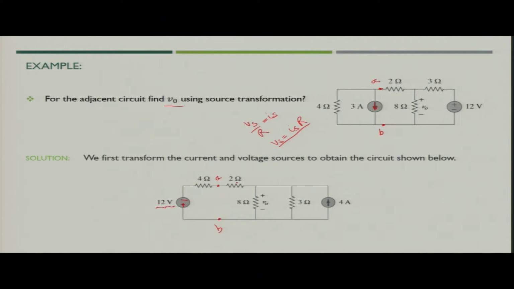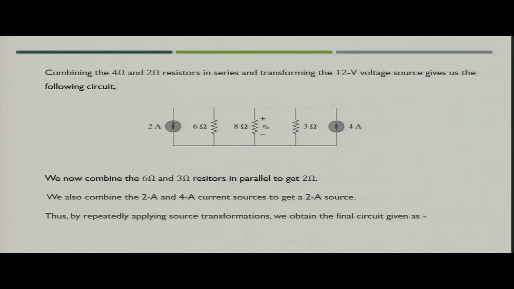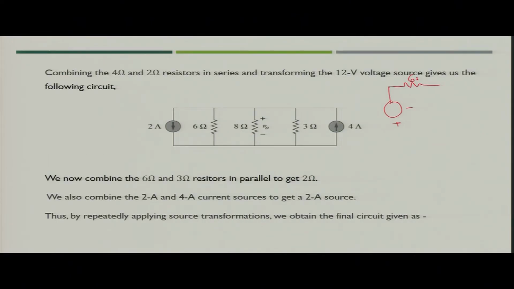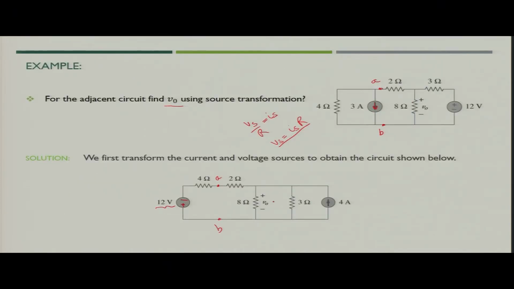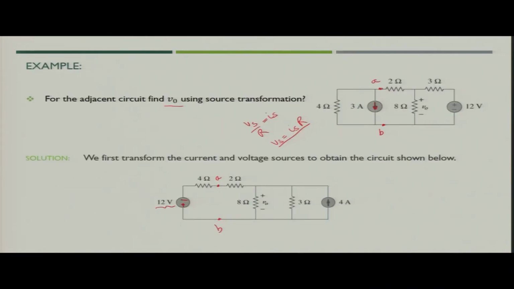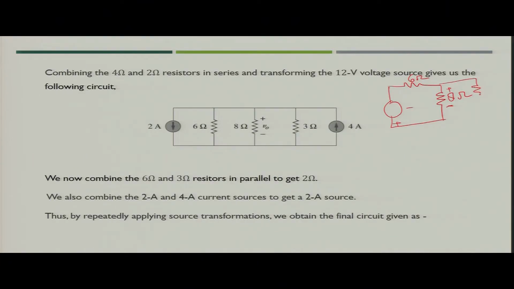So, you can club both of them and you will get a circuit like this, where you have a voltage source in series with 6 ohm resistance, and then you have 8 ohm resistance, across which we have to find out the voltage, and then the rest of the circuit, that is the 3 ohm resistance and the current source of 4 ampere.